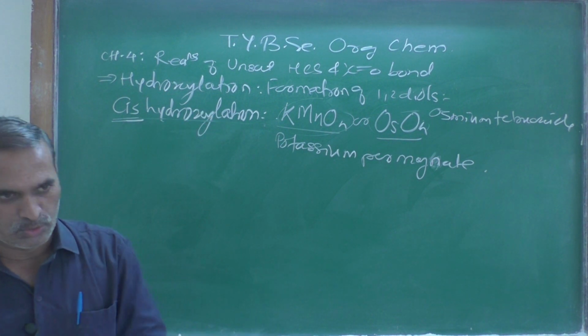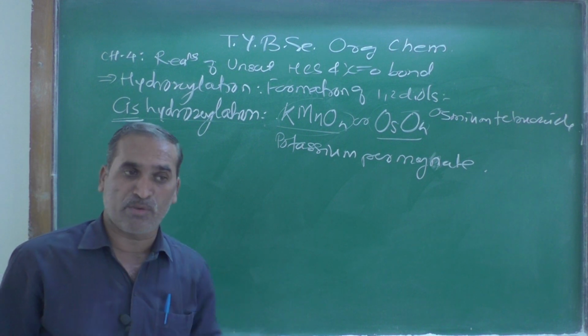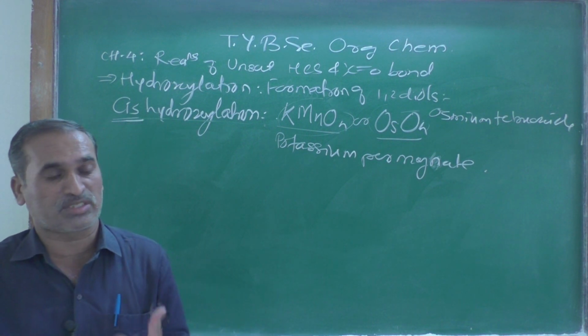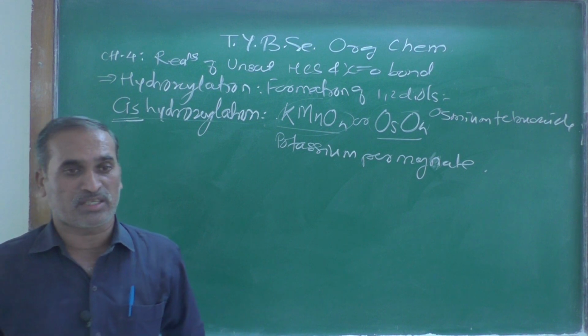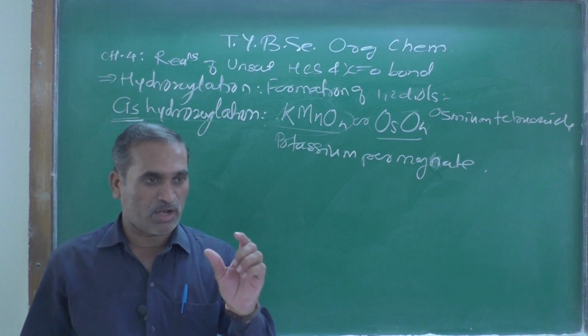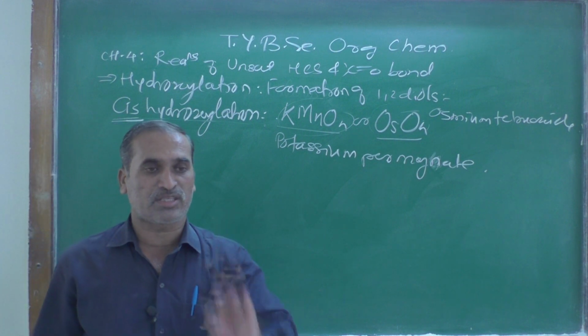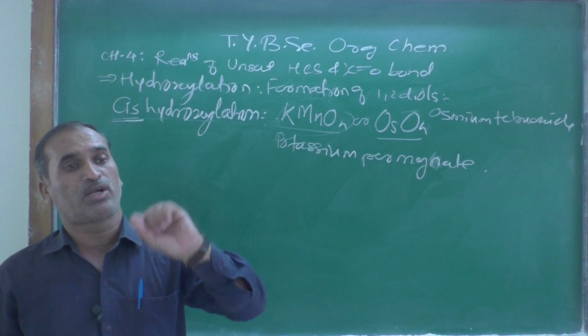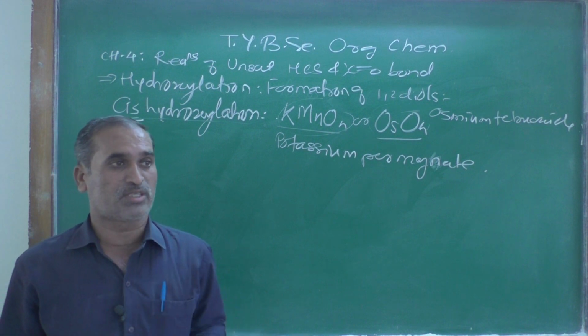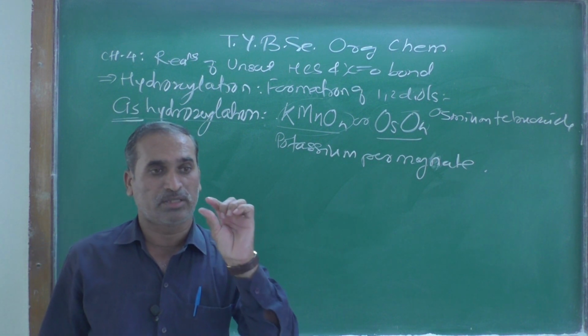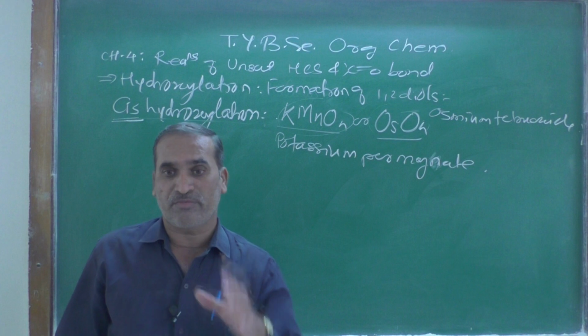But how do you know whether they are coming from the same side or from different sides? There is an experiment performed for this cis hydroxylation, known as the labeled oxygen experiment. Labeled oxygen means there is an isotope of the oxygen atom.